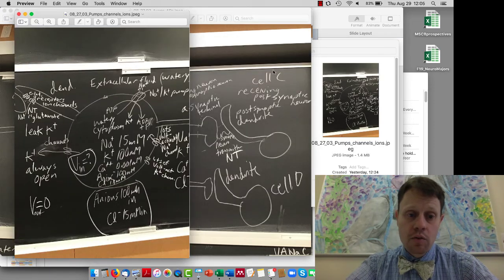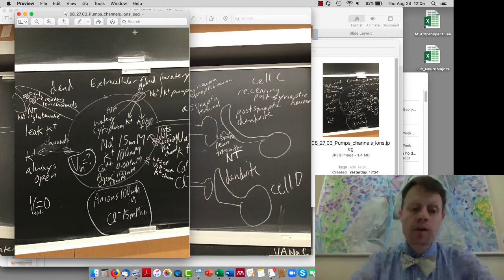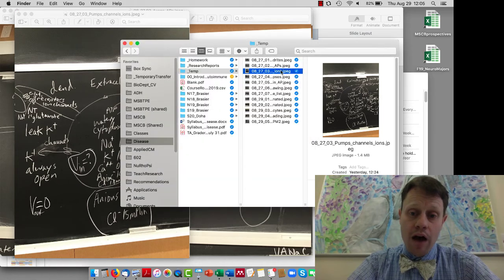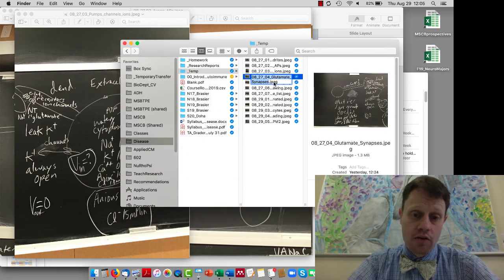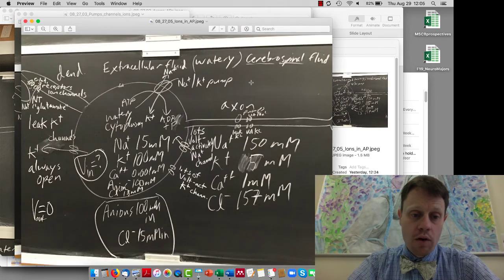We discussed quite a bit on the first day about the electrical and salt situation on the neuron. So there's a protein called the sodium and potassium pump that uses ATP to force sodium out and pull potassium in. This creates an unequal balance of ions across the cell, where there is a higher concentration of sodium out versus in, and a higher concentration of potassium in versus out.